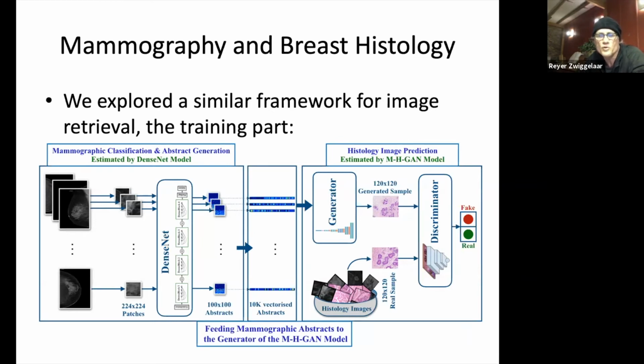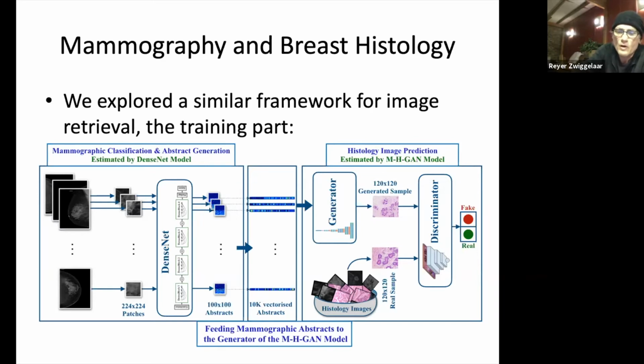And we use those vectors to find abnormalities or get an overview of what a sample might look like. That is put into the same format as we would use for histology. So we've got a direct link between mammographic cases and histology cases, and we can say that things are right or wrong, and we use that again for training.